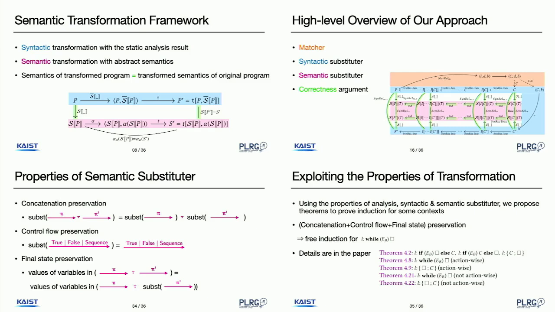I think the main difference between Cousot's framework and ours is that we use the matcher part to identify which part should be replaced, to effectively reduce the core part of the proof. So it is considered the base case. And the inductive case is not a core part of the proof.